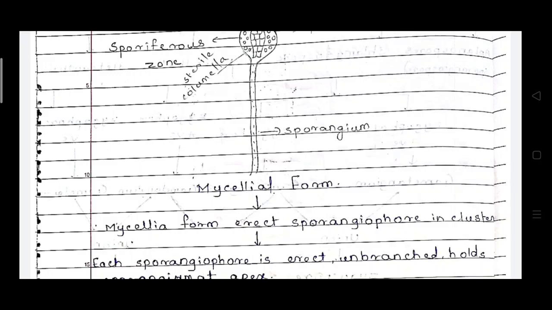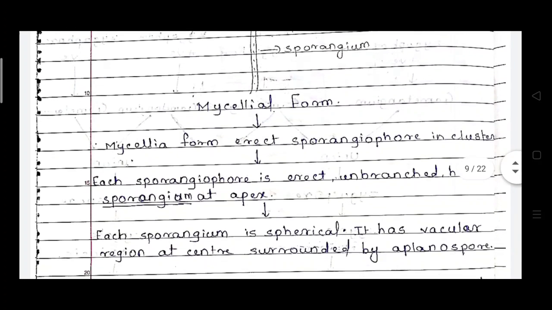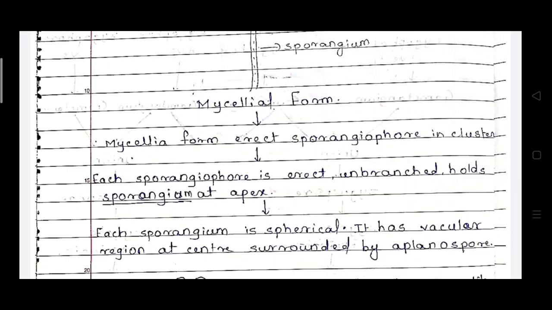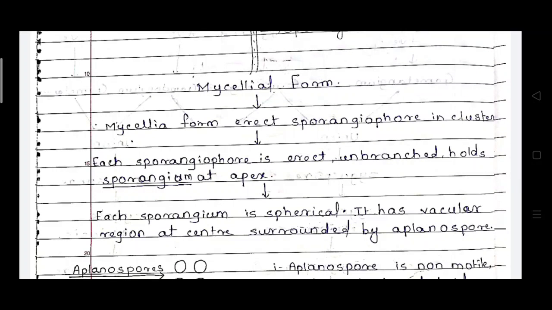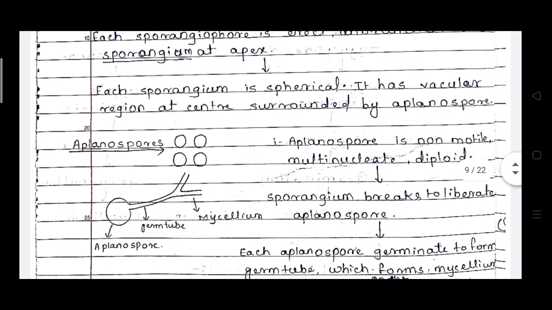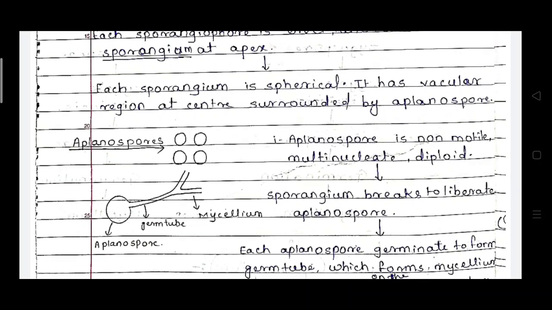First the mycelium forms the sporangiophore, and on that sporangiophore the sporangium is developed at the apex. The sporangium is spherical, and at the center it forms the aplanospores. These aplanospores are non-motile, multinucleate, diploid in stage. After the sporangium breaks, they are liberated, and each aplanospore germinates into mycelium.